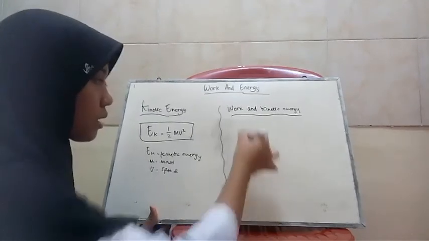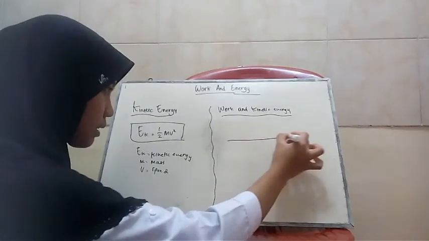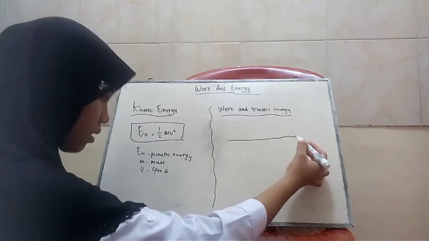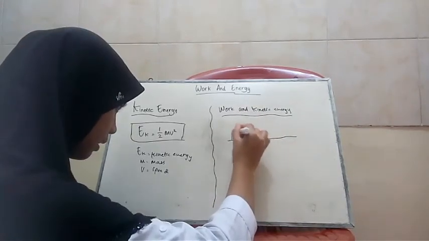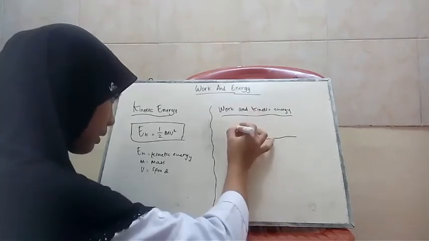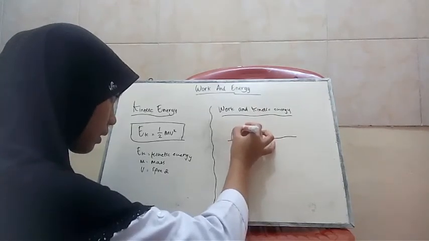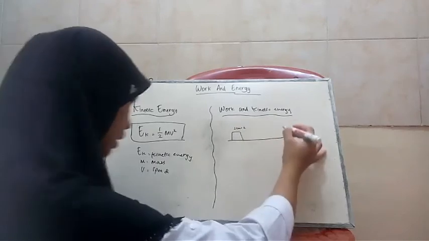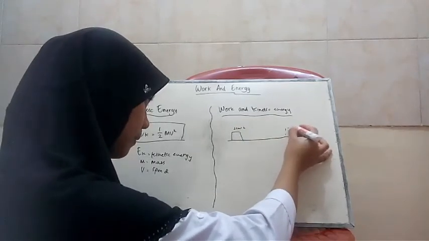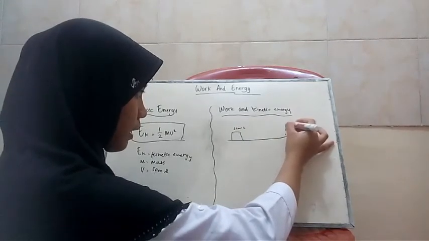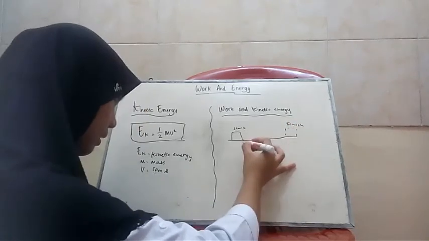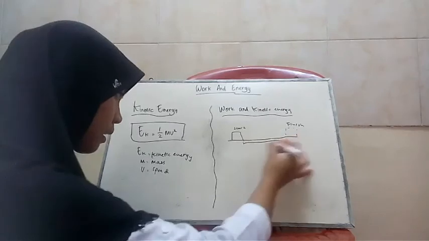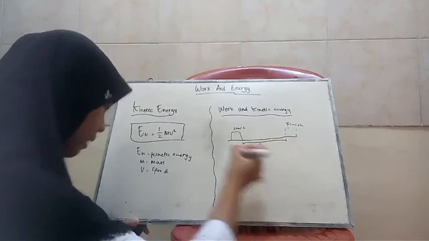The picture is like this. This is the floor, and then this is an object. This is start, and this is finish. This is distance.